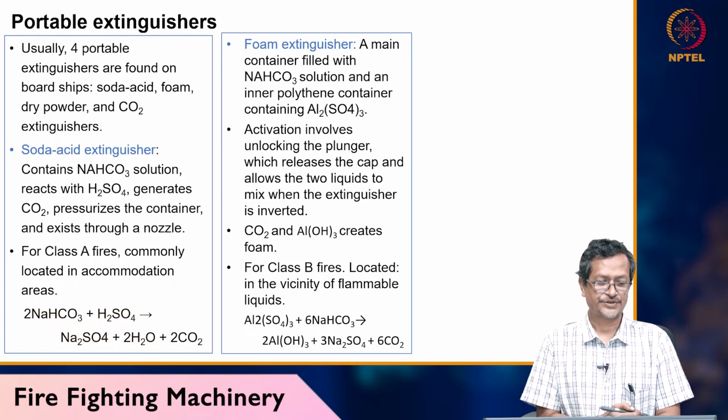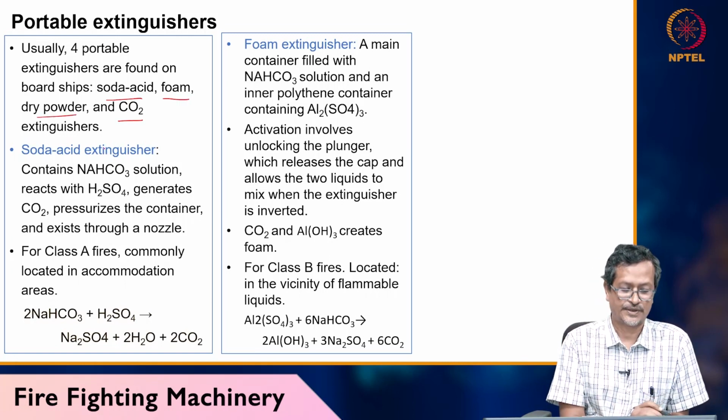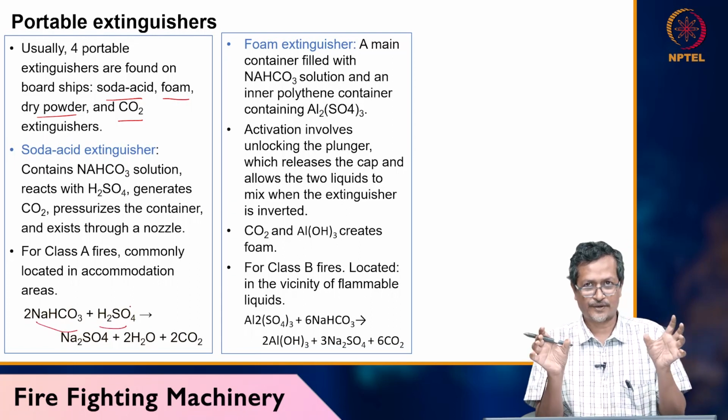So, for portable extinguishing systems, usually 4 portable systems are there: soda acid extinguishing system, foam, dry powder, carbon dioxide. Basically 4, there may be many others also, and newer research is also going on, so new technology will also be coming up. So, the soda acid system will be having sodium bicarbonate and sulfuric acid in separate containers.